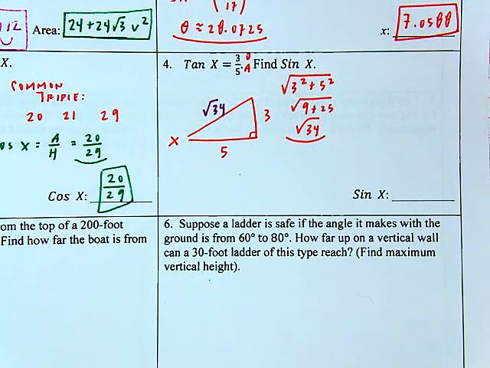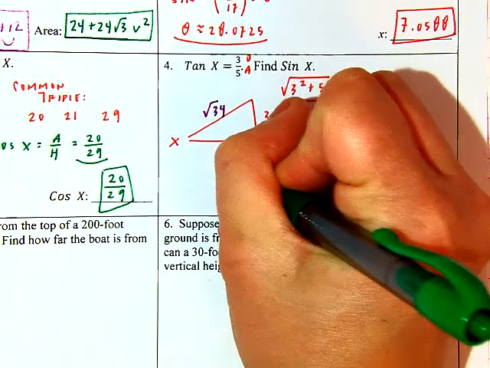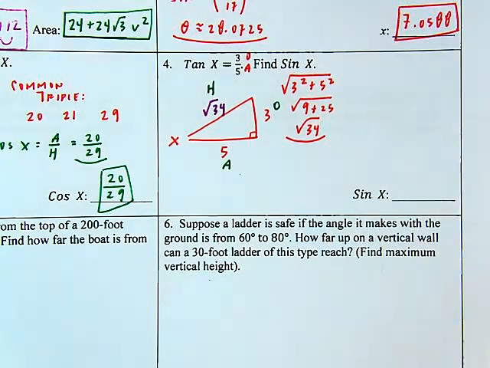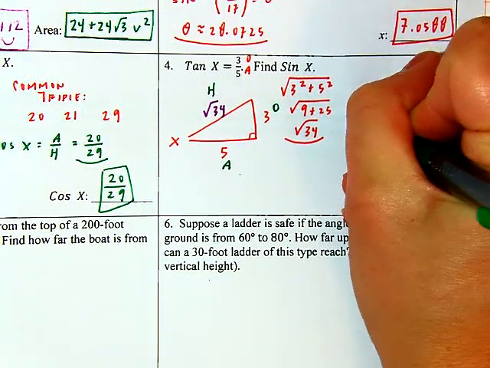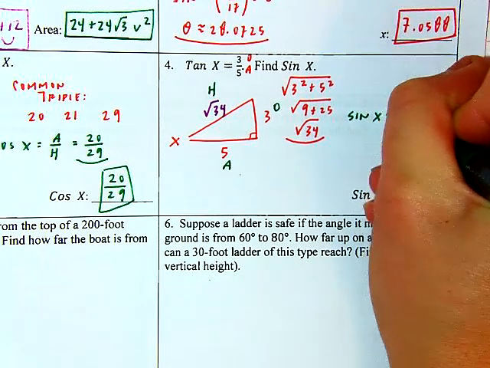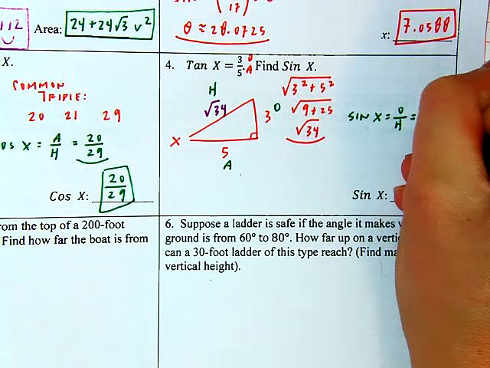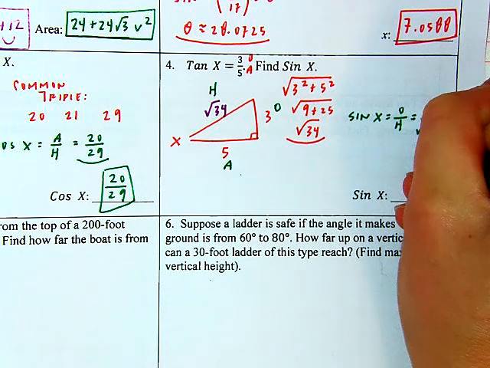So now, in relation to x, here is my adjacent side, here is my opposite, here is my hypotenuse. So if I want sine, right, I want sine x. Well, that's my opposite to hypotenuse. So that would be 3 to root 34.